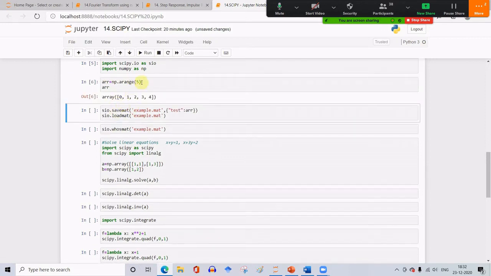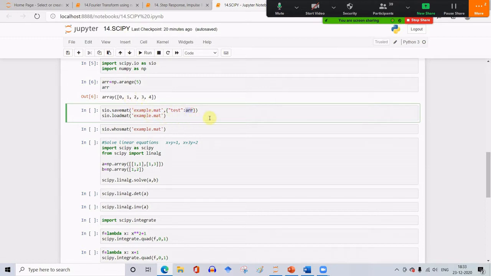So this will give me up to 5 minus 1, 0, 1, 2, 3, 4. Now I will save this with the name example.mat in the form of a dictionary with the keyword test and the value given by this array.